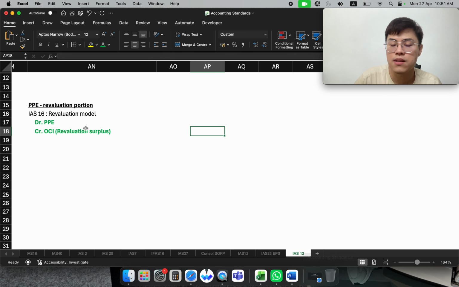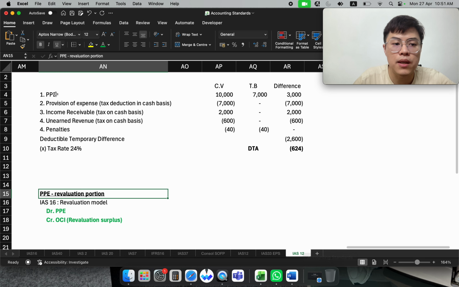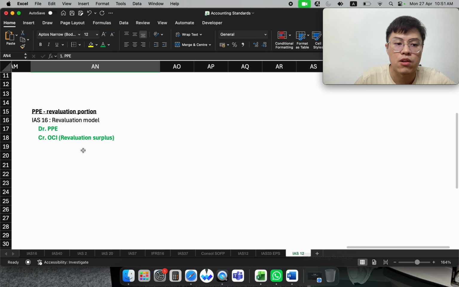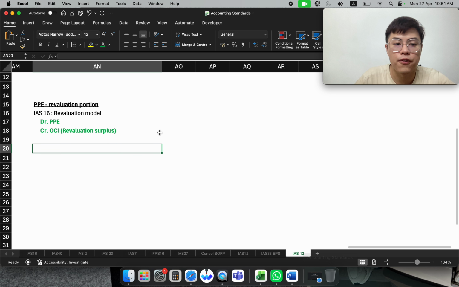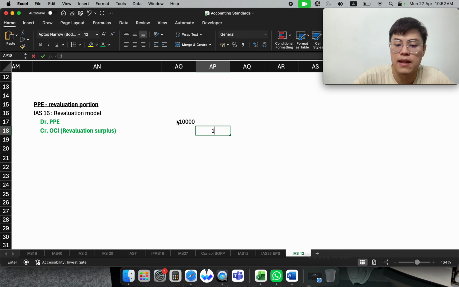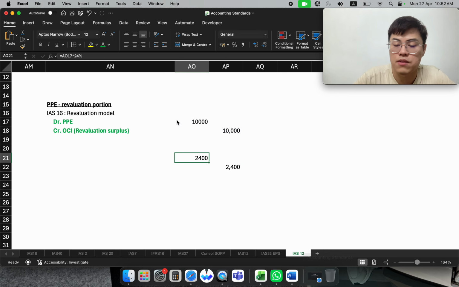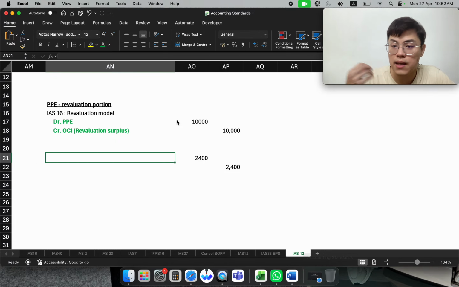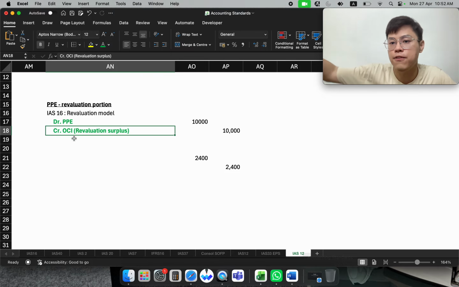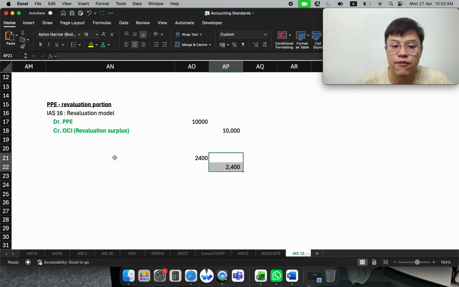So if there is a part of PPE related to the revaluation model, for example, if the revaluation surplus is 10,000, and after you apply the tax rate of 24%, such difference results in 2,400. It's something that you are going to get taxed on when you realize in future, because now it's unrealized. If in future you realize, you are going to pay tax. So this is your deferred tax liability.